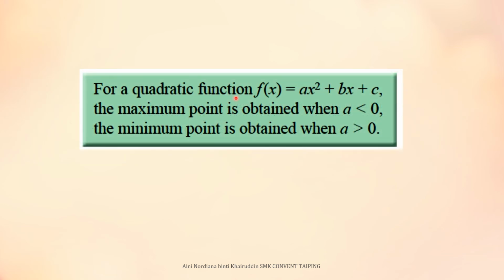For a quadratic function, f(x) equals to ax squared plus bx plus c, the maximum point is obtained when a less than 0. The minimum point is obtained when a greater than 0.